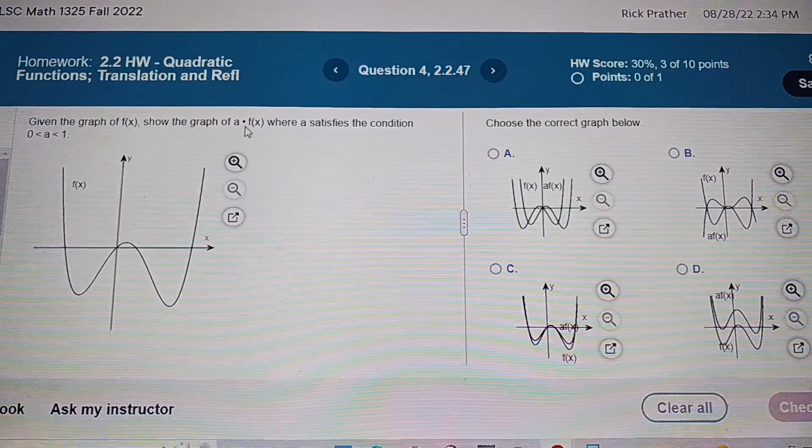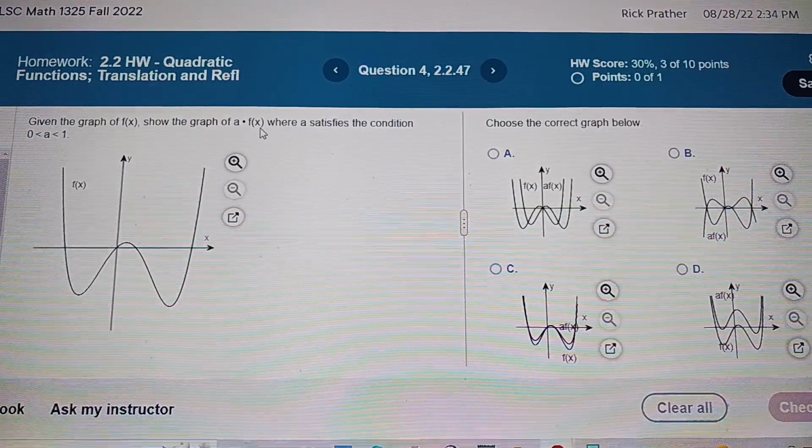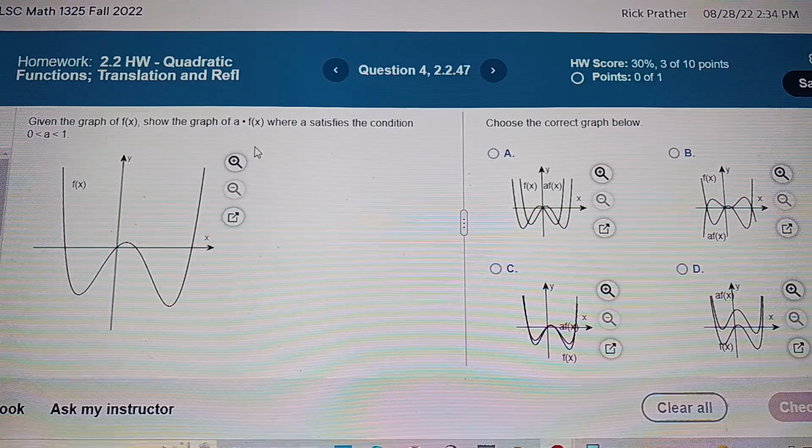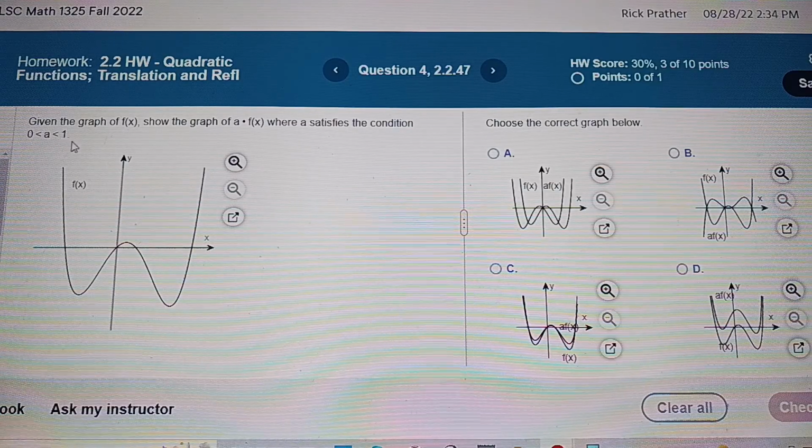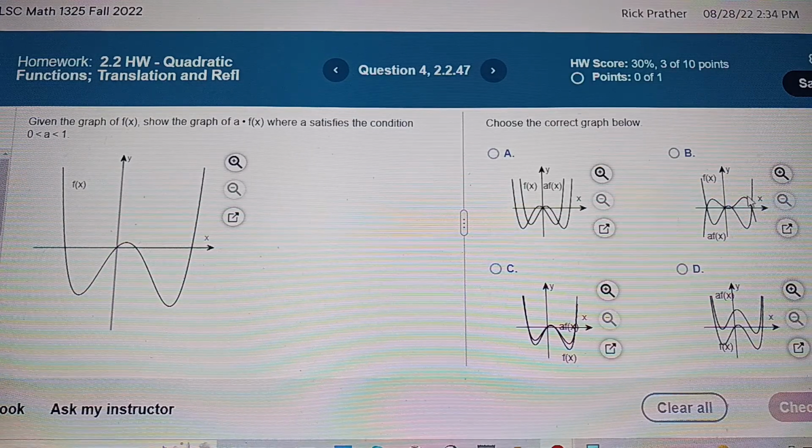But if you multiply the A outside of the parenthesis, then it's a vertical change, not a horizontal. And you do that one like it looks. So if A is between 0 and 1 again, like a half, then you cut the y's in half. So that's a vertical shrinking. So it's not a reflection. Graph B is definitely out. You're not shifting upward.